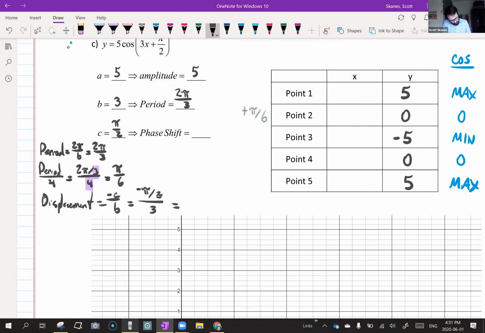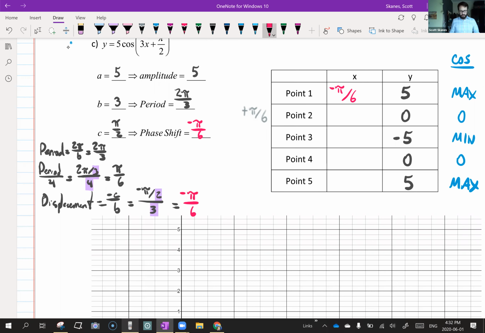Same thing, you can just multiply the two bottom numbers, 2 and 3, that makes 6. So Ali, you got it, negative pi over 6. So just by chance, the phase shift is very similar to the period over 4. That's just a coincidence. There's no connection there between the two numbers. It's total chance. I don't think that there's some pattern there. There's not. Negative pi over 6.